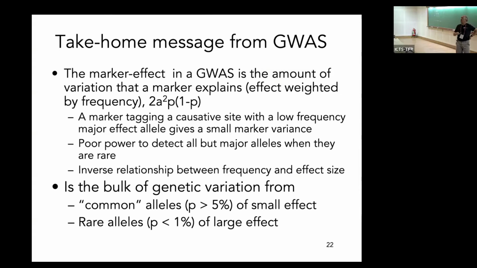That doesn't mean infinitesimal, because I can have a small variance by having a modest size p and a small a, or I can have a really big A and a really small p. What we do see is a trend across multiple traits, which I'll get to later on, where alleles of large effect tend to be rare. So it's infinitesimal in the sense that each marker has a small variance.